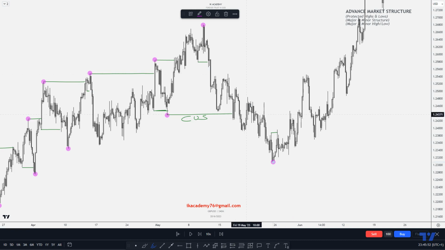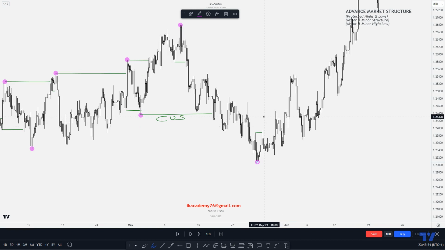And basically that's what we have, and every other thing inside of it. So these are confirmed high, major high, and lower low. Price took out the inducement here, it was confirmed. So basically everything inside of this was internal structure.